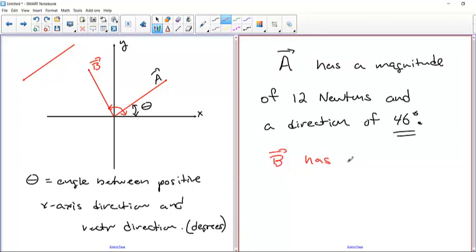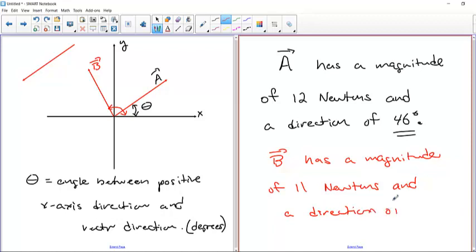So I'm going to say vector B has a magnitude of 11 newtons and a direction of, let's say, 104 degrees. So it's going to be between 90 and 180. And if it's in the third quadrant, the angle is going to be between 180 and 270. Fourth quadrant between 270 and 360.